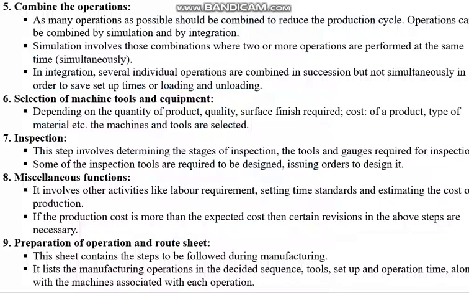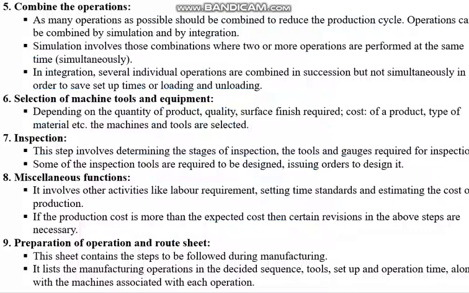Next, the fifth step in process planning is to combine the operations. As many operations as possible should be combined to reduce the production cycle. Operations can be combined by simulation and by integration.